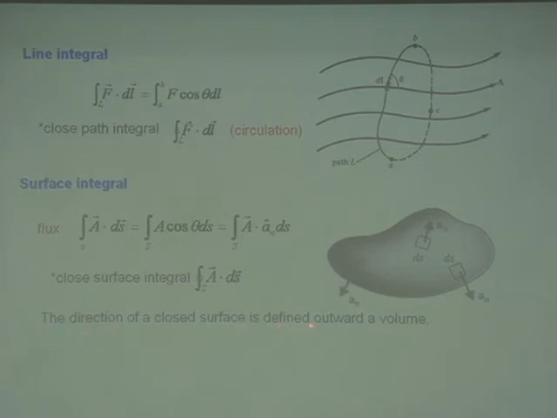The direction of a closed surface is defined outward of the volume. 一个 closed surface 其实就是包了一个体积在那个地方。这个体积有内有外。所以这个面的方向永远都是朝外。大家先说好，这时候你算出来的值就有正跟负，然后你可以赋予它物理意义。So don't forget that the direction of a closed surface is defined outward of a volume.